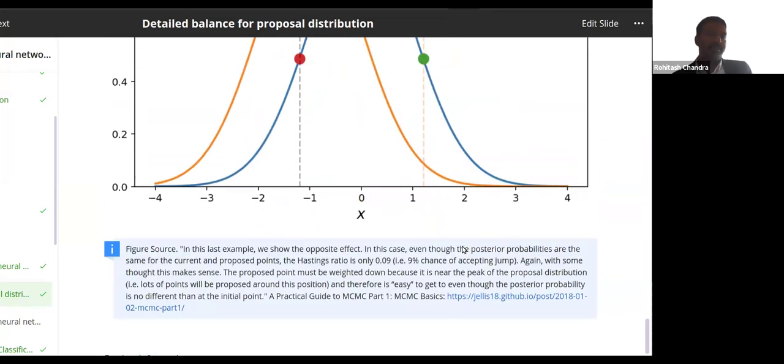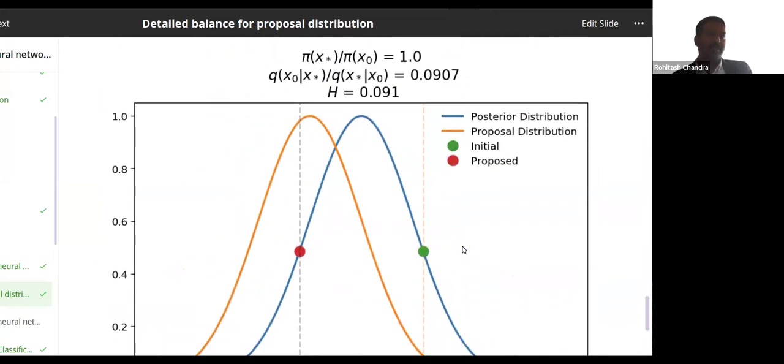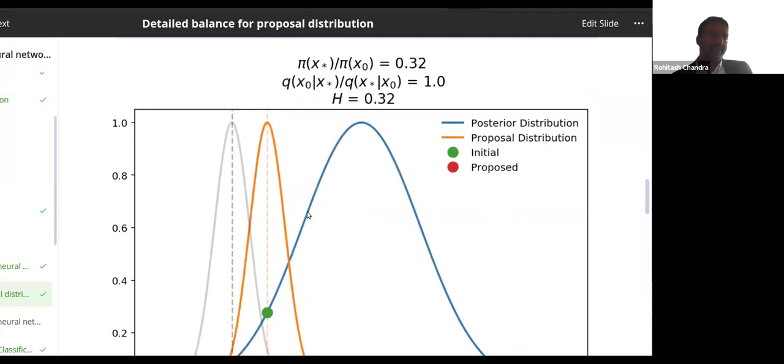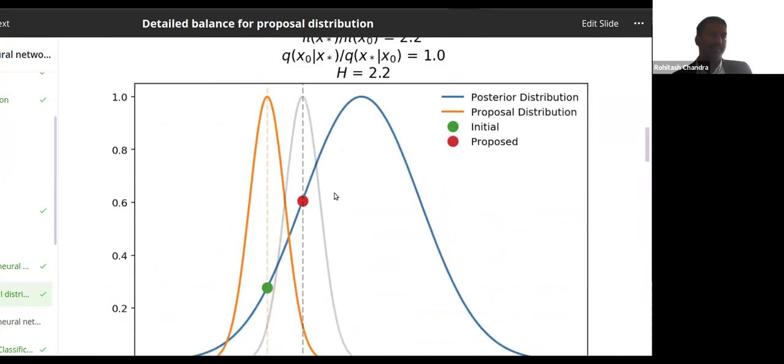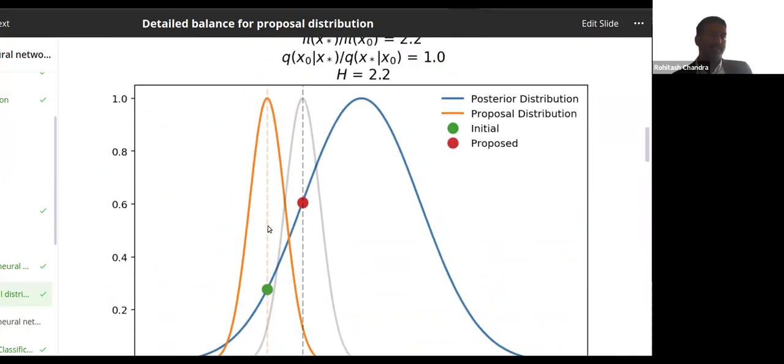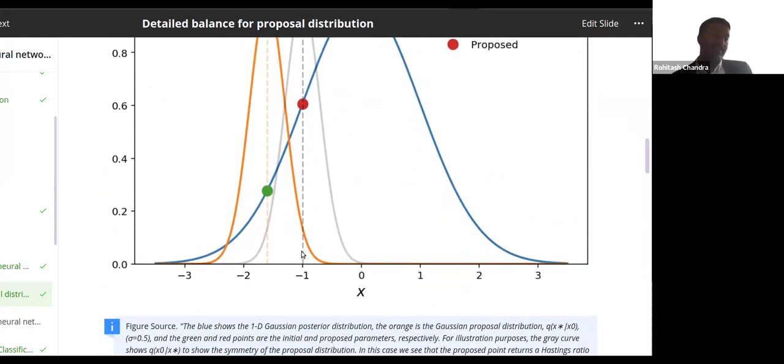So what happens is you can see that the step size of this proposal distribution is the same throughout the sampling process for a random walk sampling.